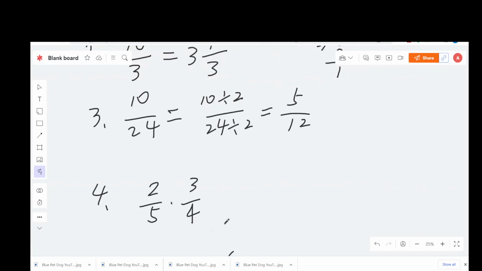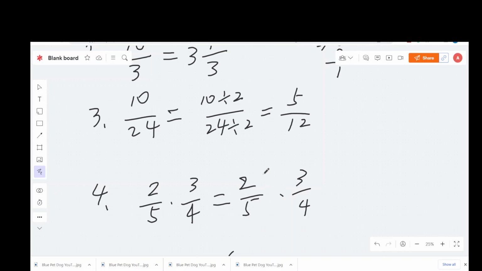Okay, here we do calculation about 2 over 5 times 3 over 4. So now we do that. First step, we copy 2 over 5 times 3 over 4. Don't calculate the first step.